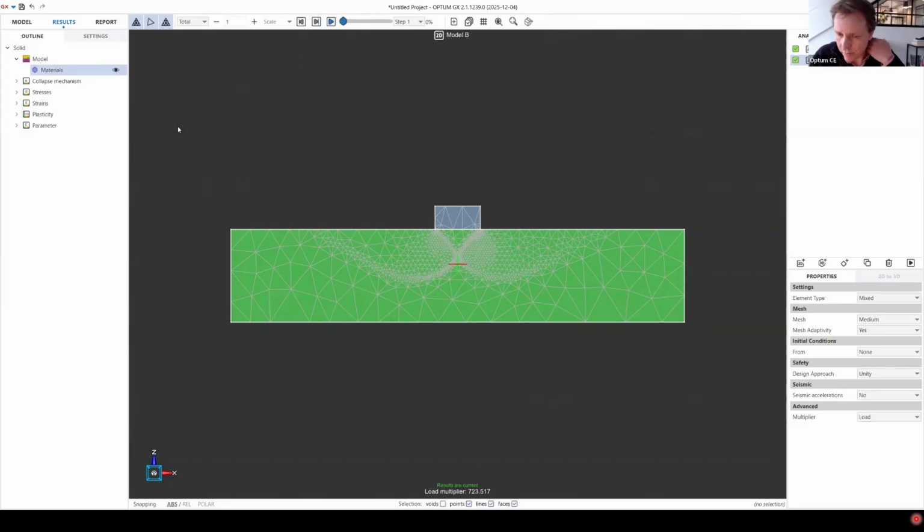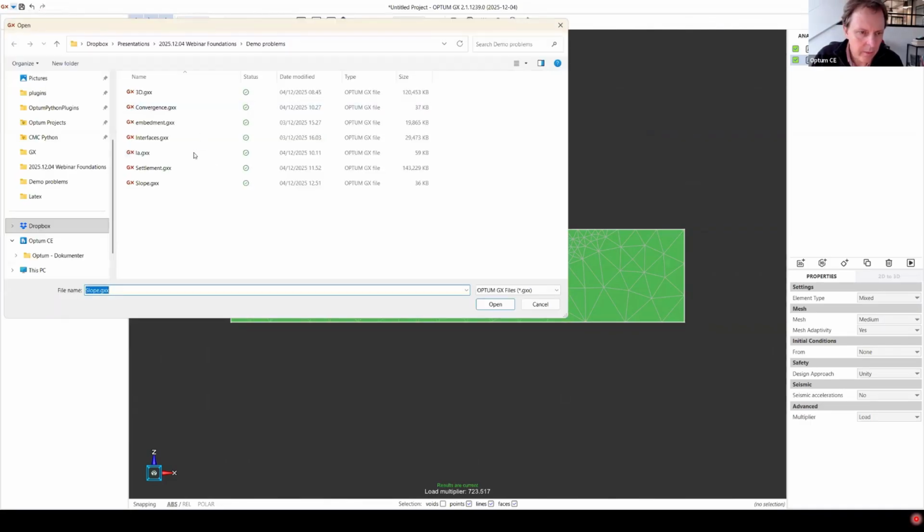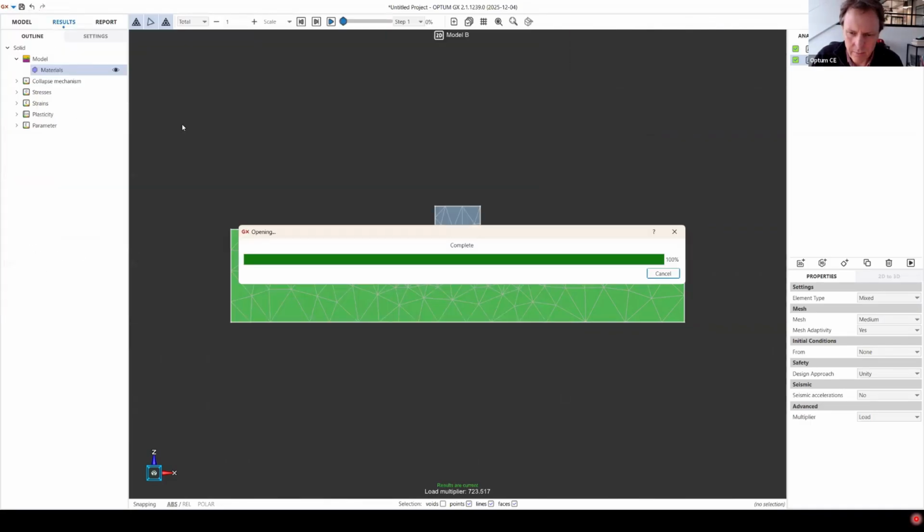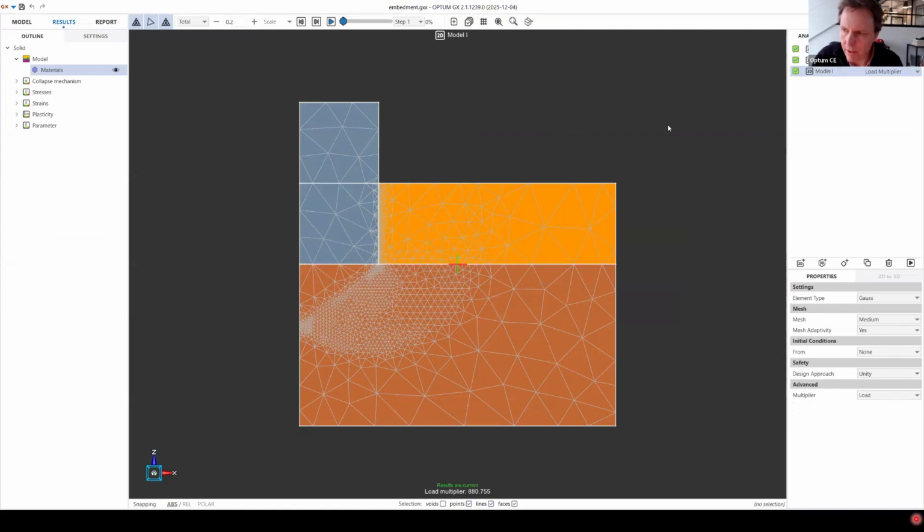There are examples, especially for clay. So when we do undrained analysis, we usually use the Tresca model, and I have an example of that here, where it can really be quite severe.